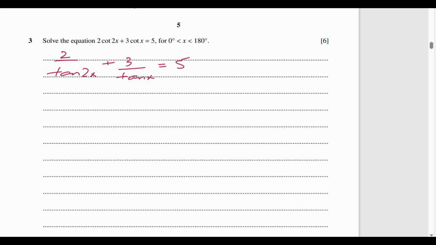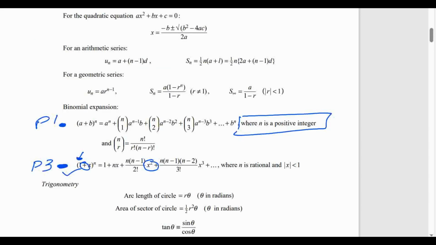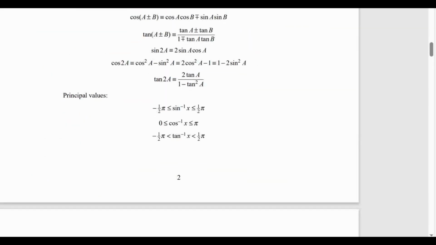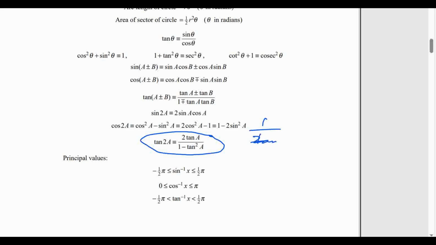So now we can use the formula here, tan of 2x. We can use the formula sheet. So tan of 2x will be equal to 2 tan of a divided by 1 minus tan square of a. So here we can see that we will have 1 by tan of 2a, which will be equals to 1 minus tan square of a divided by 2 tan of a.